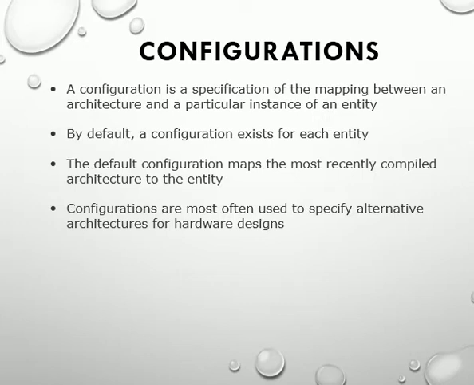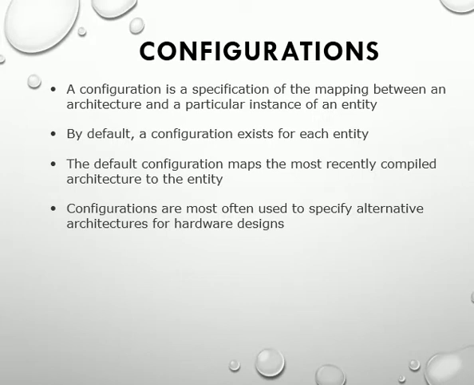By default a configuration exists for each entity. So whatever entity you are writing, for that entity by default there will be a configuration that will exist, okay, and this default configuration maps the most recently compiled architecture to the entity. Now you must be remembering that in an earlier session we discussed 3 different architecture styles for a full adder, okay.